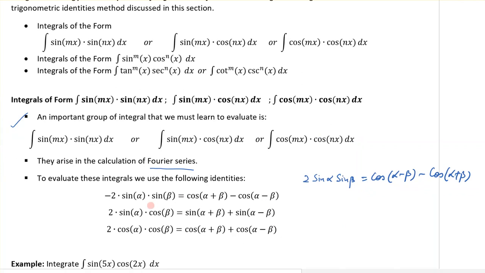Just to make it uniform, I took the negative sign out here. So negative 2 sine alpha sine beta is equal to cosine of alpha plus beta minus cosine of alpha minus beta. Similarly, if you have twice the product of sine alpha times cosine beta, then we have sine of alpha plus beta minus sine of alpha minus beta. And similarly, we have the third identity. So we're going to use these identities to solve some problems now.